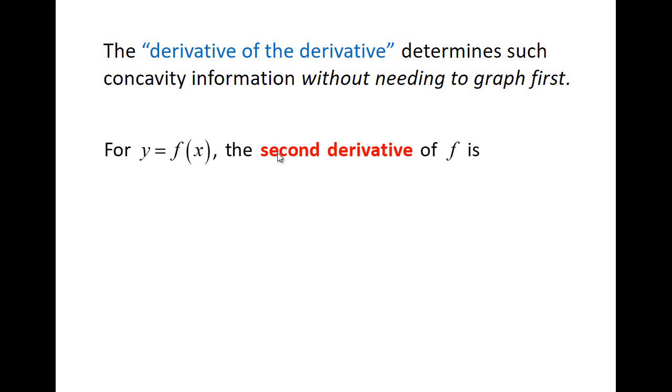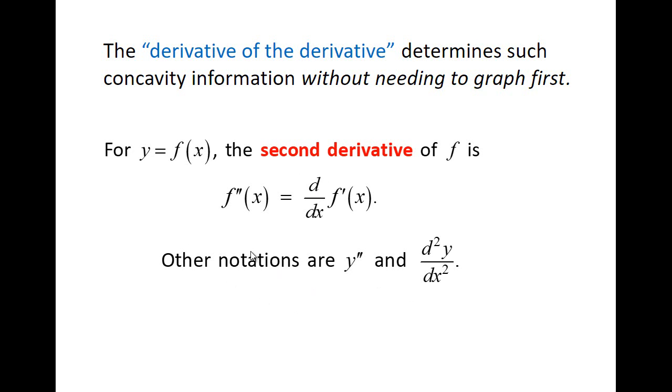So for y is equal to f of x, the second derivative of f is denoted by f double prime of x, and it is defined to be the derivative of the first derivative of f. So f prime of x is the first derivative function of f, and then we are taking the derivative of that one more time with respect to x, and that's the second derivative of f at x.